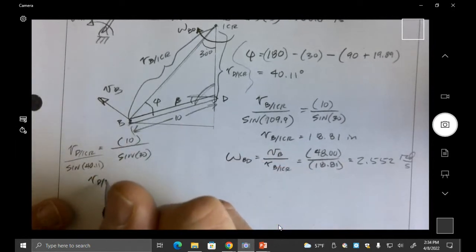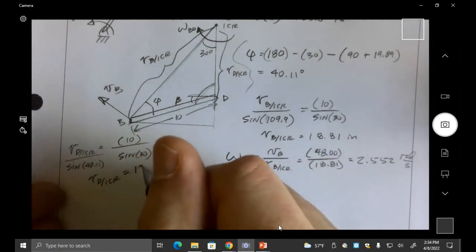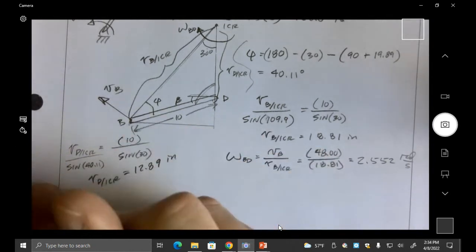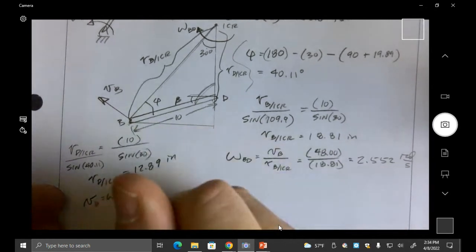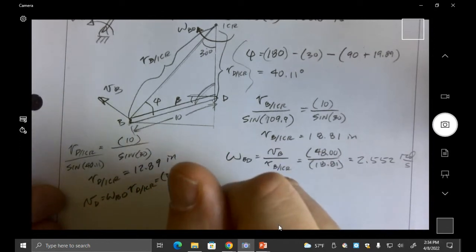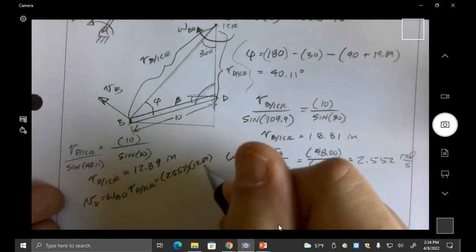So we could find RD with respect to ICR, which is 10 divided by sine of 30. I know what that is, but I still did it. And now times the sine of 40.11, so we end up with 12.89, call it. And so the velocity of D is omega BD times RD with respect to ICR, or 2.552 times 12.89.